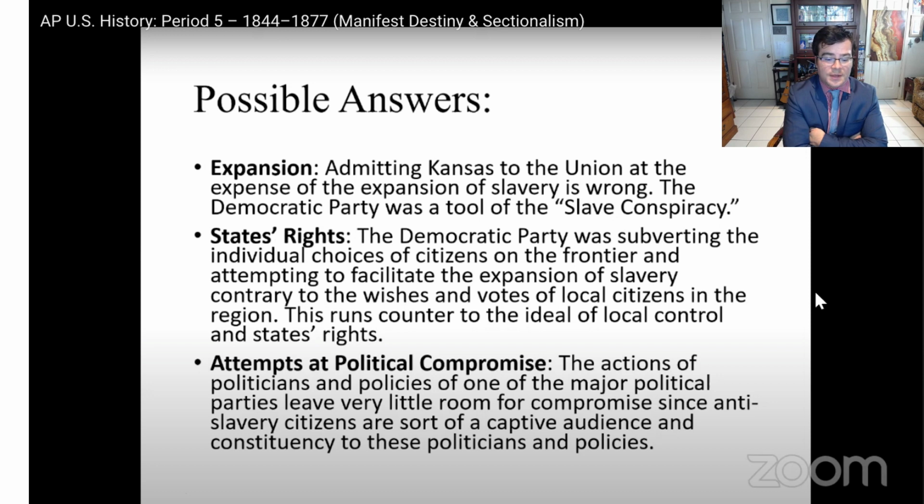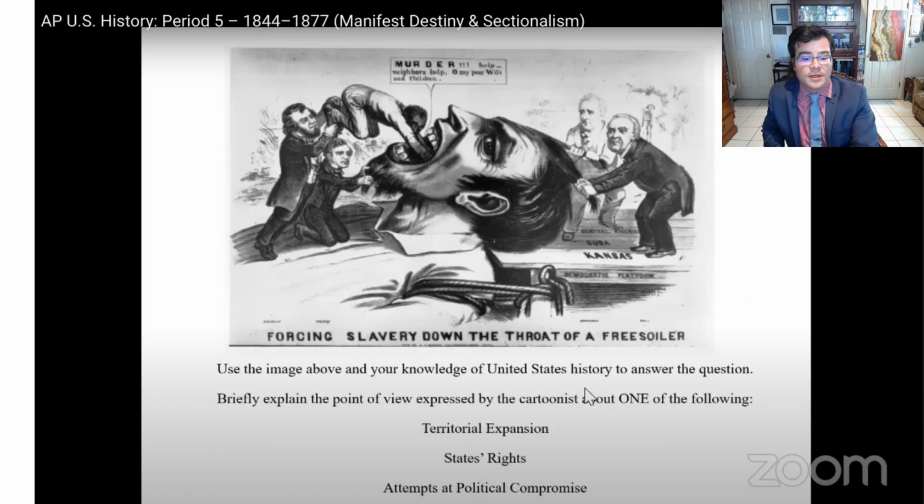Attempts at political compromise: the actions of politicians and policies of one of the major political players leave very little room for compromise since anti-slavery citizens are held captive audience and constituency to these politicians and policies. So if we go back, just the point of view of this, it's anti-slavery, right? Because it's not like they're throwing innocent African Americans.